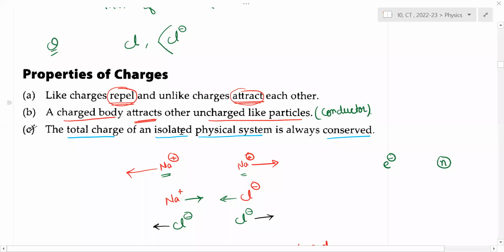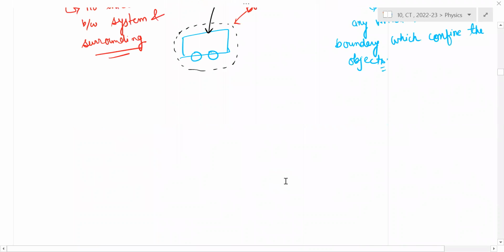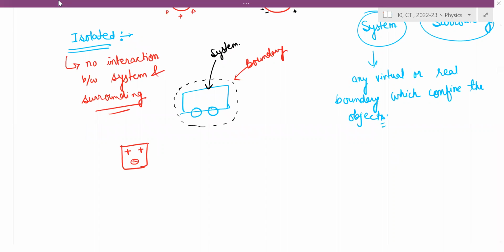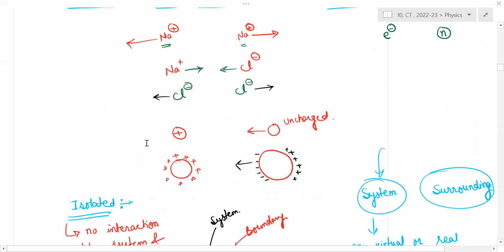Isolated physical system means it is physically present. Let me explain: in this bucket I have taken charges, 2 plus charges and 1 minus charge.